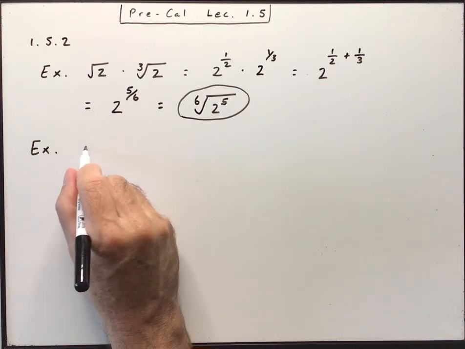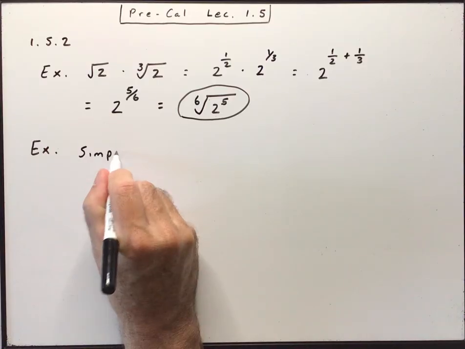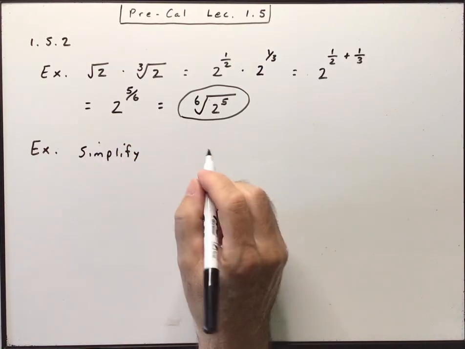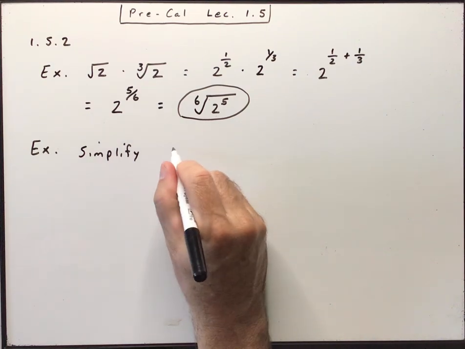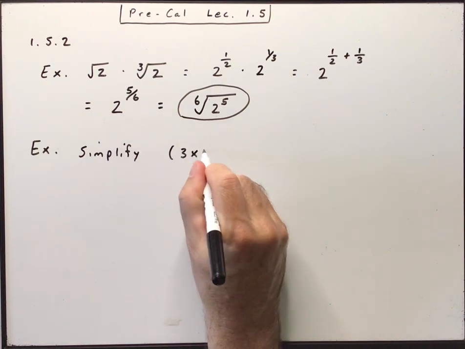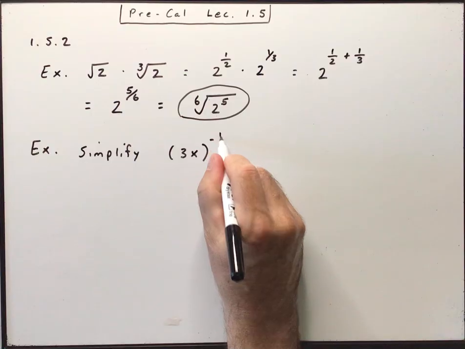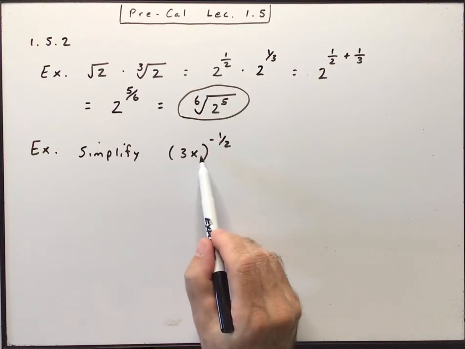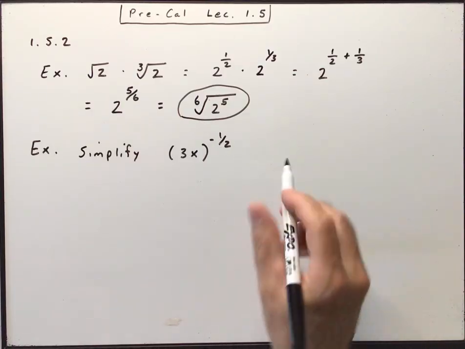All right, so the next example is we want to simplify, and that would have been the instructions on the previous example as well, the quantity 3x to the negative 1/2 power. Well, we want to rewrite this with a positive exponent.